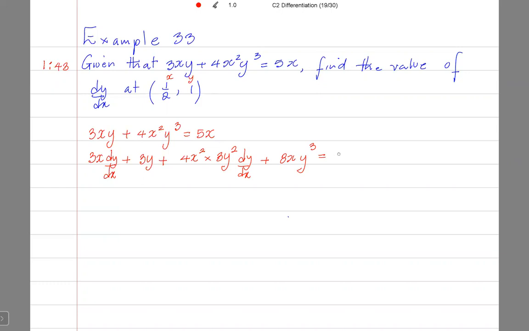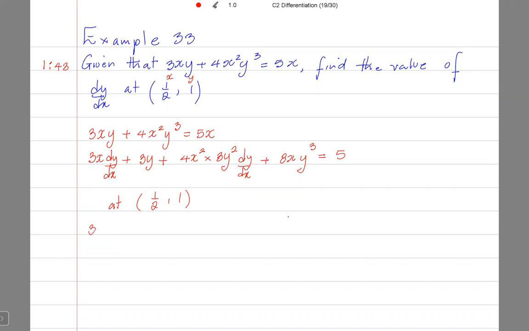When you differentiate 5x, you get 5. Now I'm going to go straight and say at a half, 1. So wherever I see x, I'm going to put a half. Wherever I see y, I'm going to put 1.